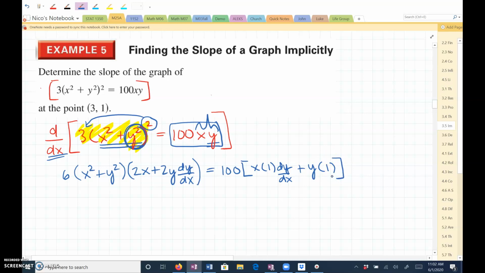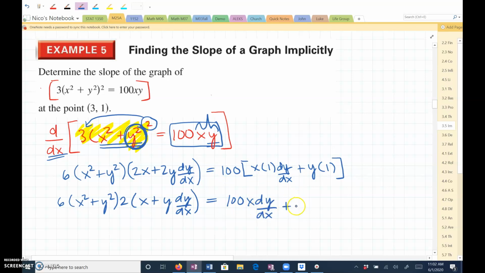The next thing I'm going to do, right here, I'm going to factor out a 2. So I have 6 times x squared plus y squared times 2x plus 2y dy/dx. Over here, I'm actually going to multiply through by 100, making this 100x dy/dx plus 100y.